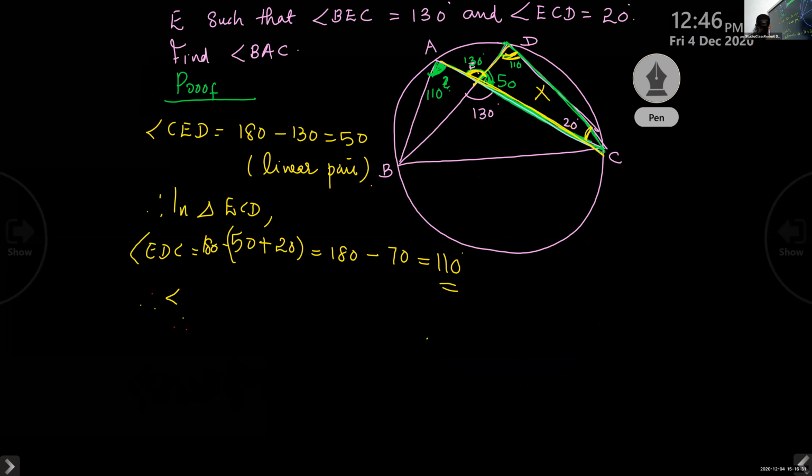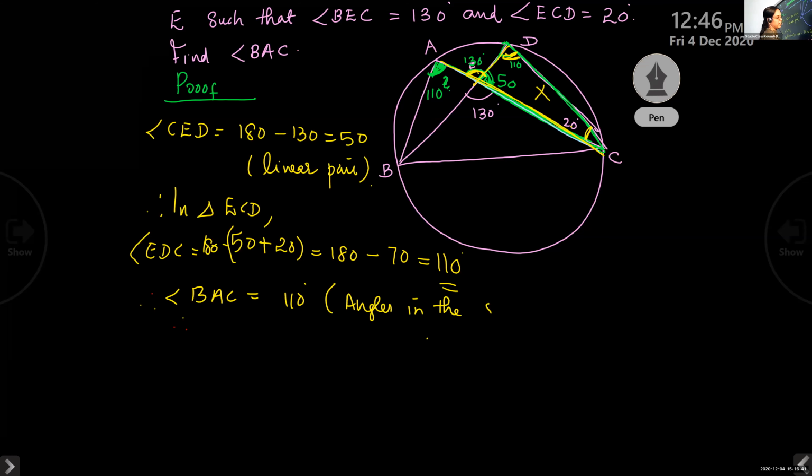Therefore, angle BAC equal to 110 degree itself, because angles in the same segment. Okay, children?